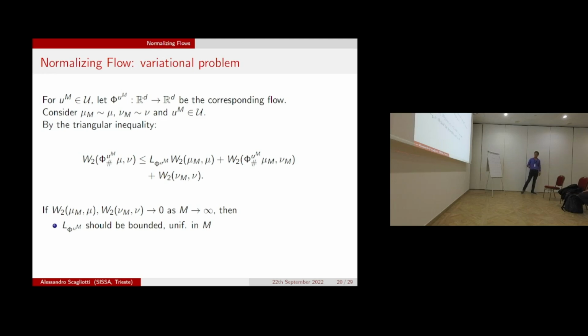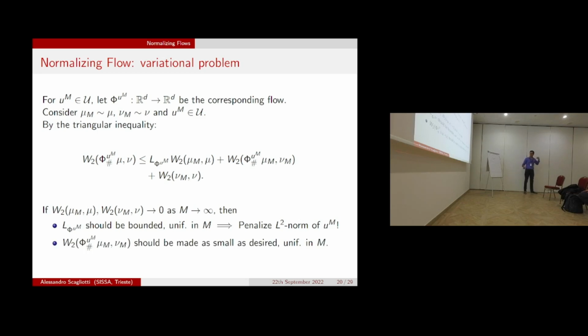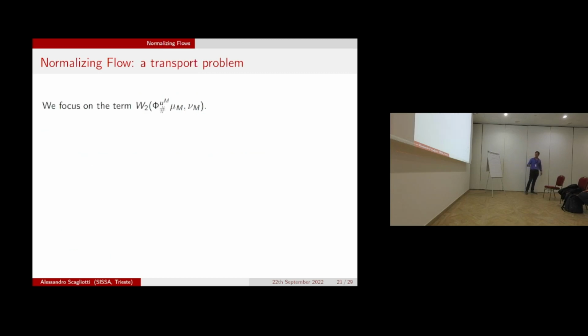First of all, as I said, the Lipschitz constant of the diffeomorphism that we are going to produce should be uniformly bounded in m. Of course this means that we have to penalize the L-infinity norm of u_m, as done before. And the second term should be made as small as desired, uniformly in m. This term is the problematic one, and let's focus very briefly on that.